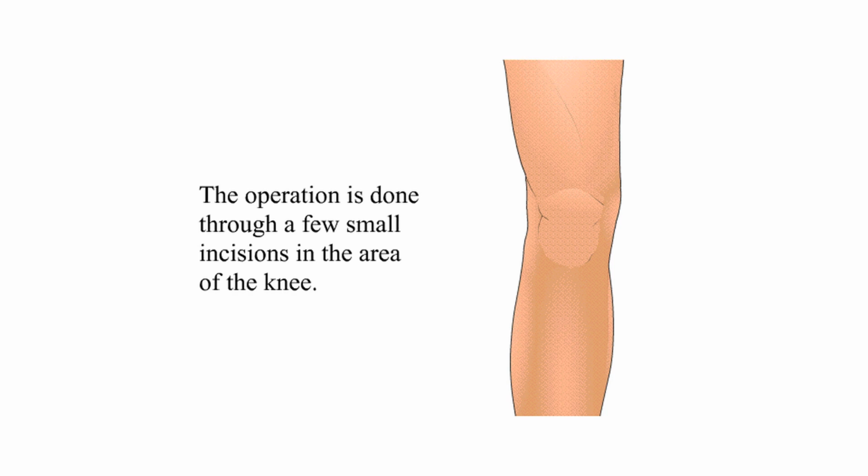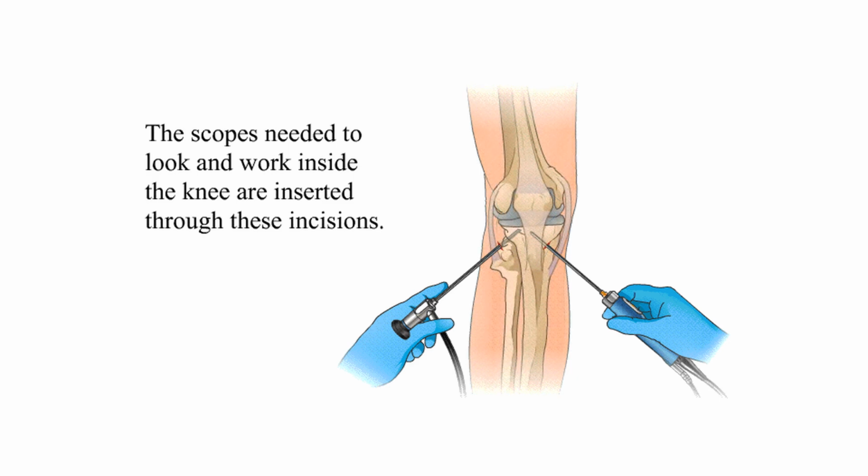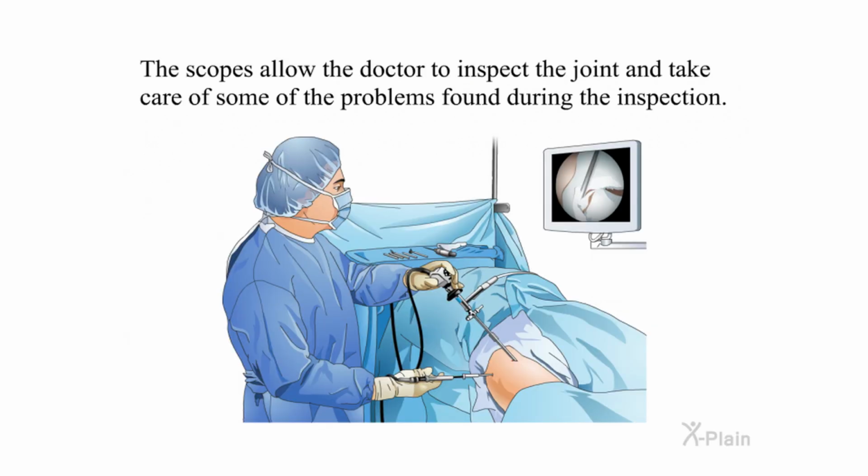The operation is done through a few small incisions in the area of the knee. The scopes needed to look and work inside the knee are inserted through these incisions. The scopes allow the doctor to inspect the joint and take care of some of the problems found during the inspection.